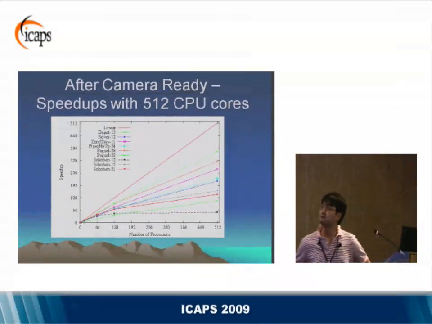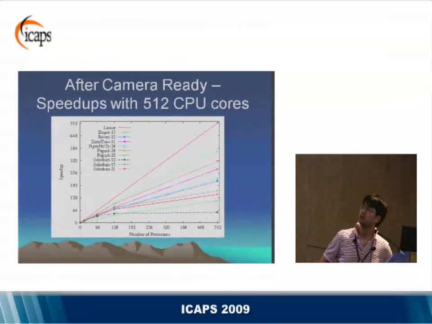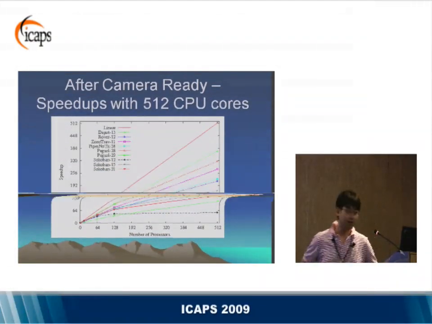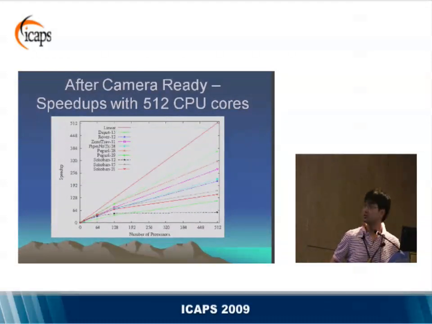And after writing the paper, we rented a cluster with over 500 CPU cores, and I measured the experiments. And HDA* still scales well with over 500 cores.